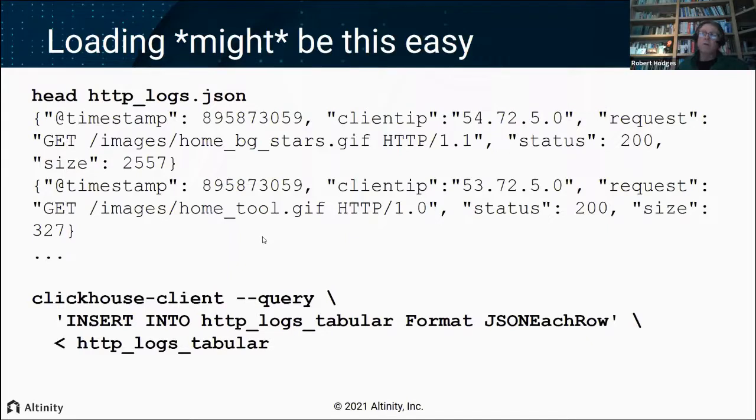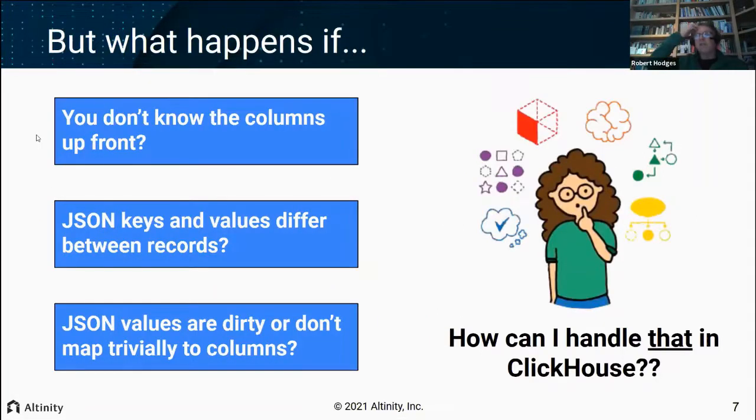You can also do similar things. You could load this data through Kafka using the Kafka table engine, but the point is that in this basic case, ingesting JSON and turning it into a table can be very simple. The problem is that JSON tends to be usually a little bit more complicated. Without even considering complex JSON structures, there's at least 3 things that can go wrong that would make this more difficult.